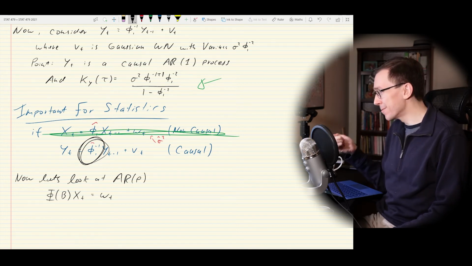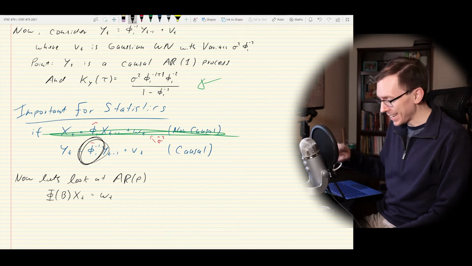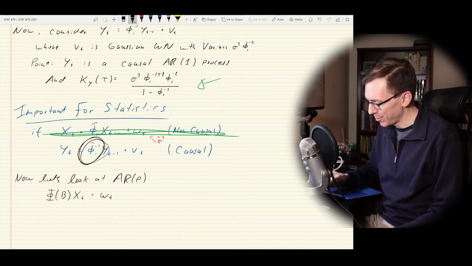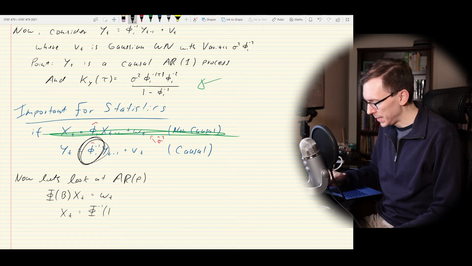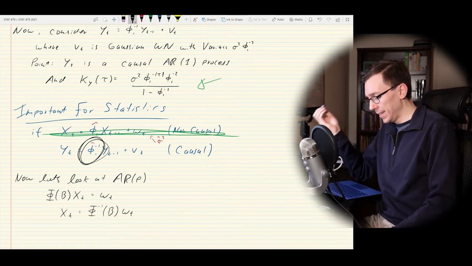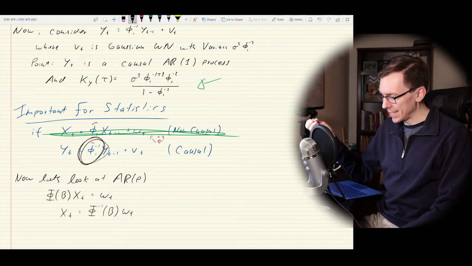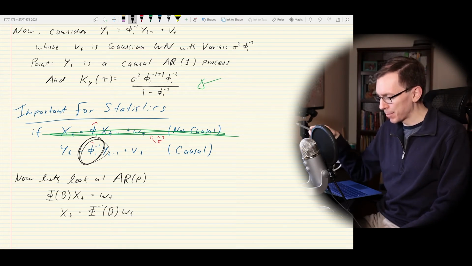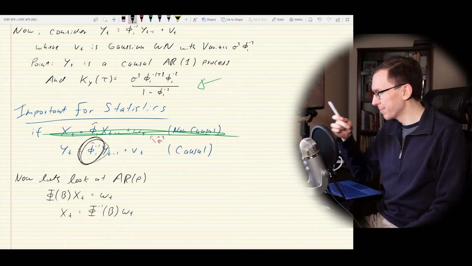Operators are invertible in some cases. So in this case, what we can do, and we'll define it better in a second, is write this as phi inverse of B applied to wt. So this is going to look a lot like a linear process in the sense that I'm applying some type of operator to wt.